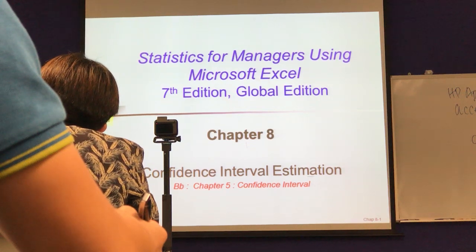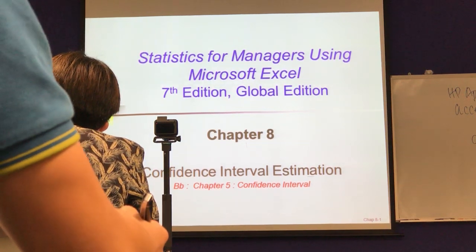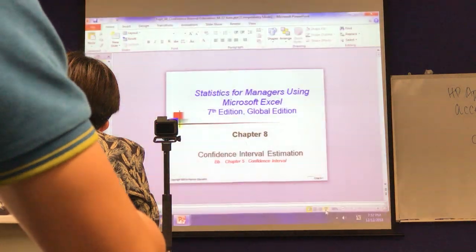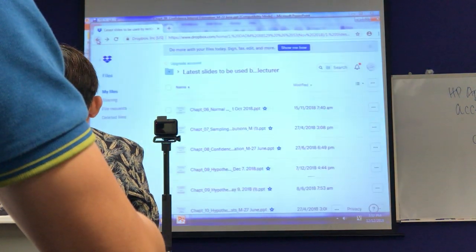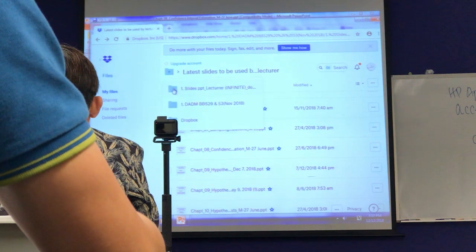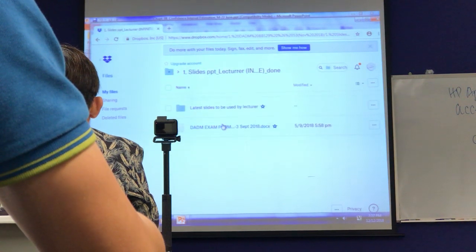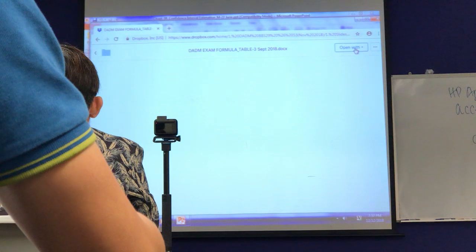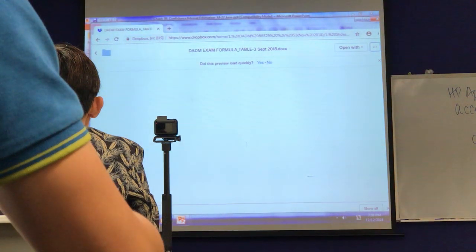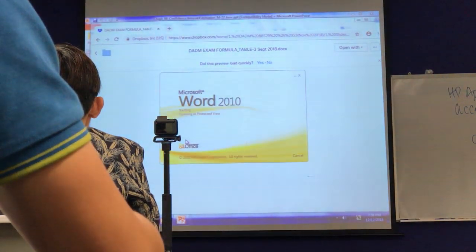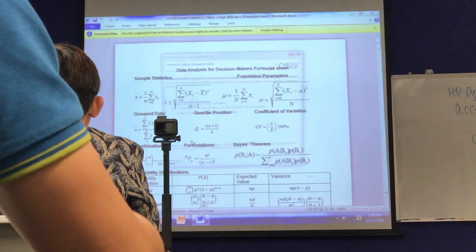You'll be given a formula sheet, so you must know which formula to use here. Let's look at the formula sheet. What kind of formula sheet will you be given? Let's try this one here. So this is the formula sheet.